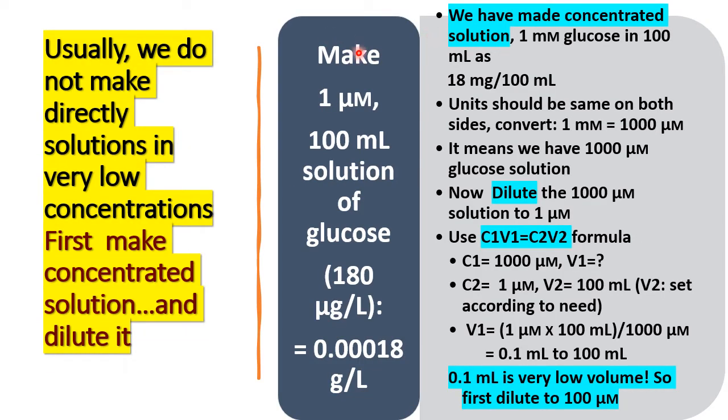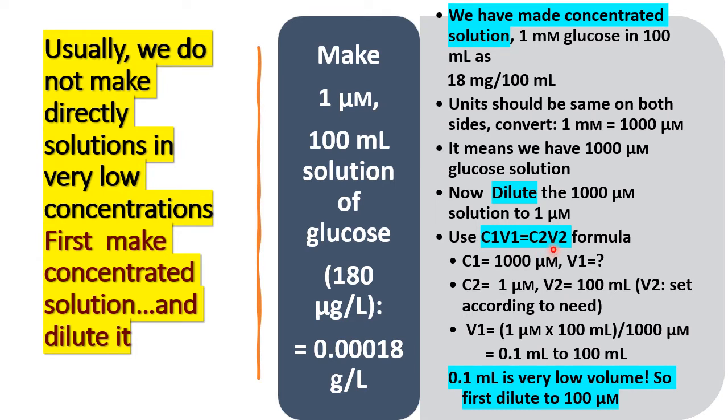We have made a concentrated solution of 1 millimolar glucose in 100 ml. As I mentioned, we dissolved 18 milligram of glucose in 100 ml to make a 1 millimolar solution. Now if we want to dilute this solution to 1 micromolar, we can use the formula C1V1 equals C2V2. On one side we have the concentration we have, and on the other side we put the concentration which we want to make.